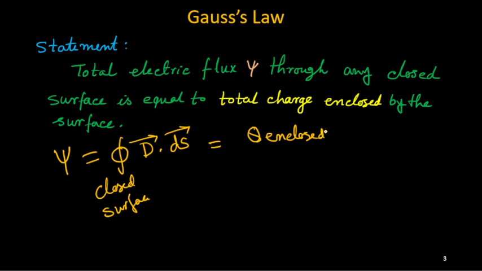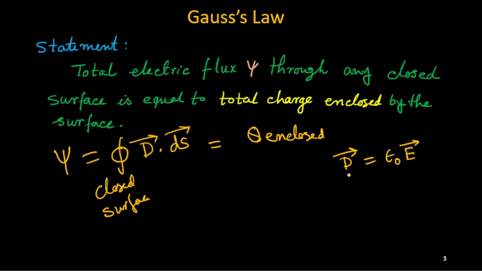within this surface. So this is the statement, and now this D we can relate with electric field: D equals epsilon naught times E. Epsilon naught is the media constant.